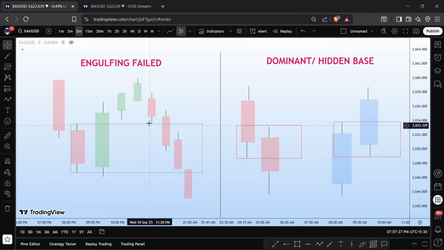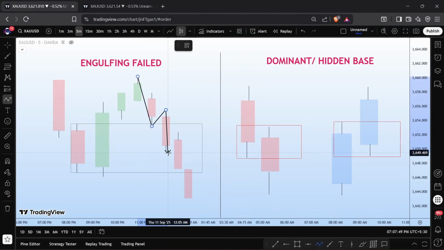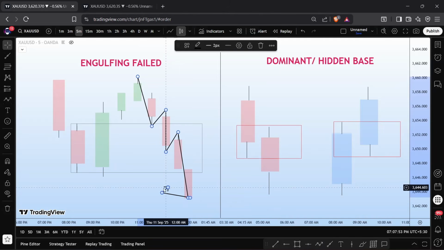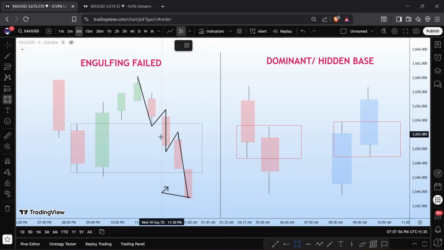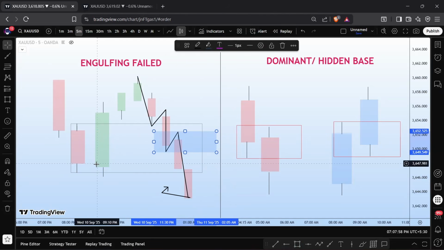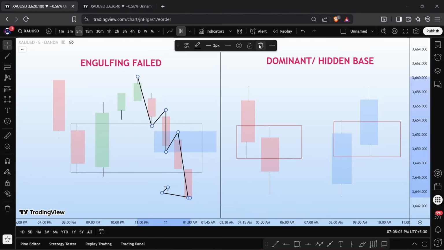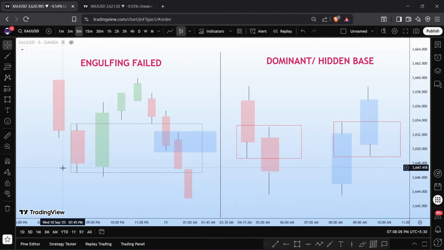Now if I look at it from the OHLC perspective, this is how your OHLC will look like. This base over here was responsible for this engulfing buy fail, right? This base led to the breakout of this major support area, correct?